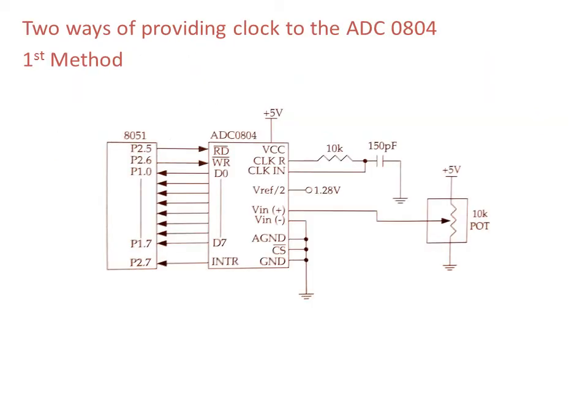There are two methods of providing clock to the ADC0804. The first method is explained here in this figure, that is the self-clocking method. Here, to use the internal clock generator, the CLK-IN and CLK-R pins are connected to a capacitor and a resistor as shown in the figure.